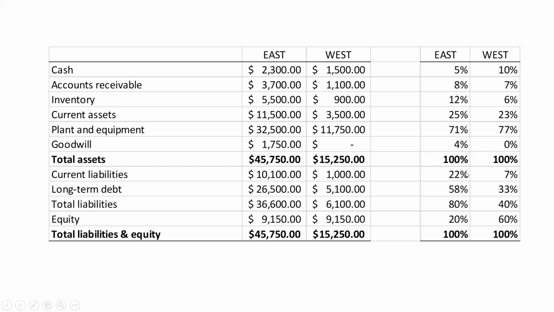So it's not actually the case to conclude that this one has a higher liquidity position and that one a lower one. We can just put some ticks, saying that West is gaining one in terms of liquidity position.